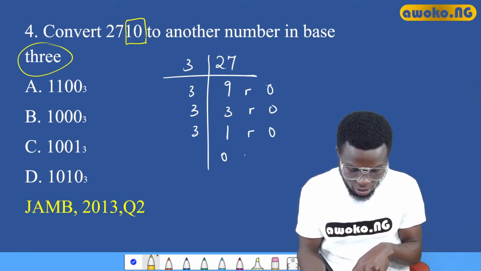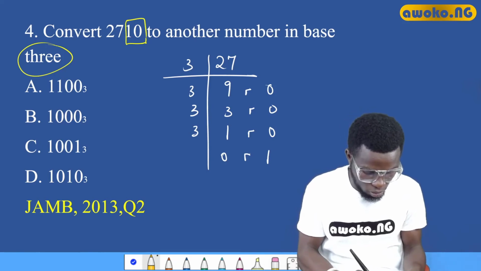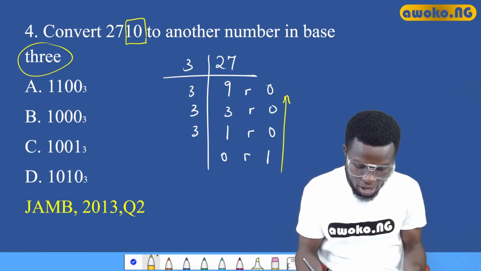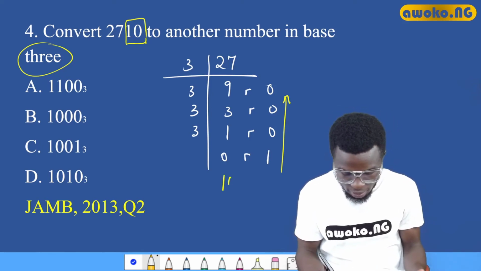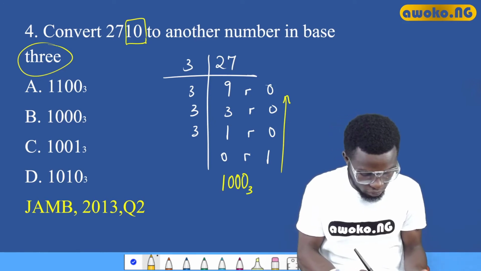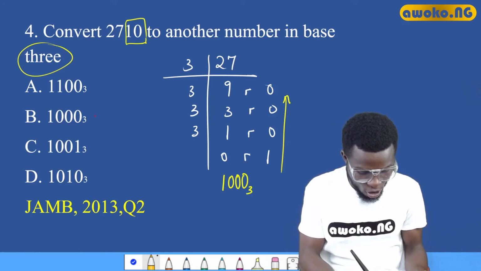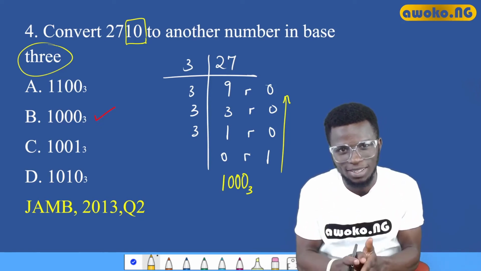Then 3, 0, remainder 1. And of course, if I go from bottom to top, I will have that my final answer is going to be equal to 1000 base 3, which gives me option B as the correct answer.